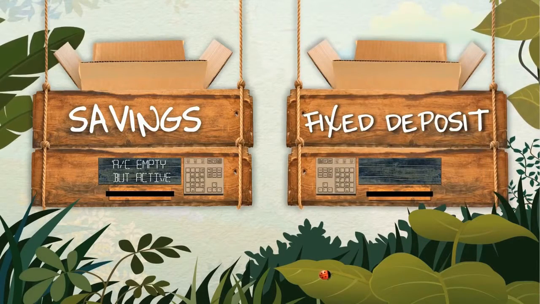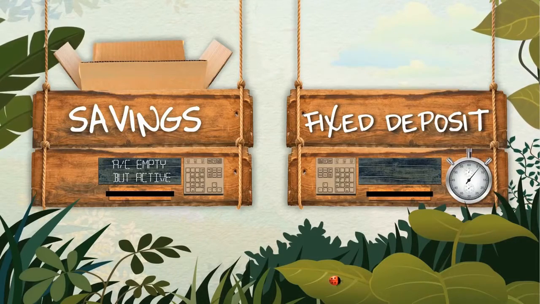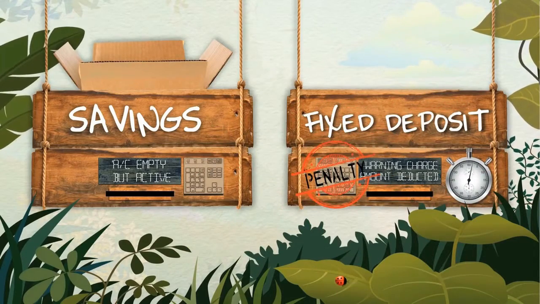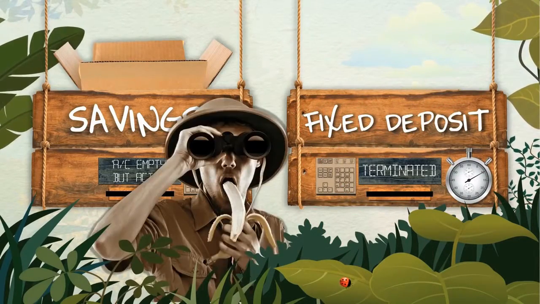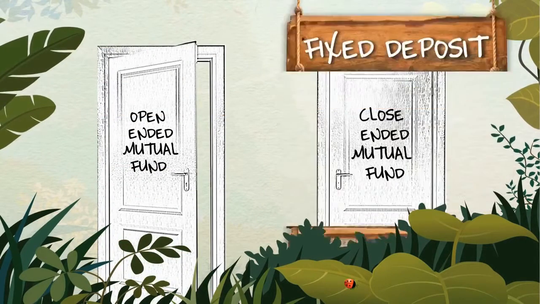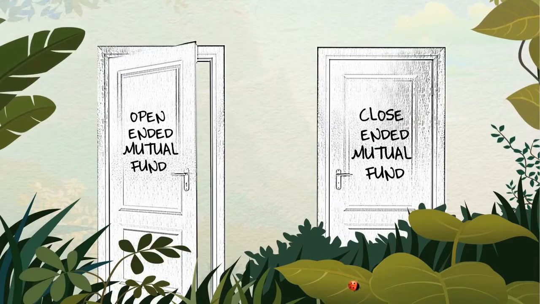On the other hand, the fixed deposit account you open needs a certain amount to be invested for a certain period of time, and you may not be able to take a small amount out midway without incurring a charge, or in most cases, terminating the same. Similarly, the open-ended mutual fund is like your savings bank account, and the close-ended is like a fixed deposit.